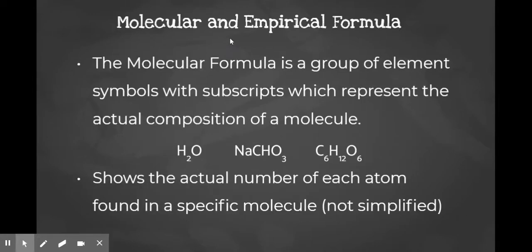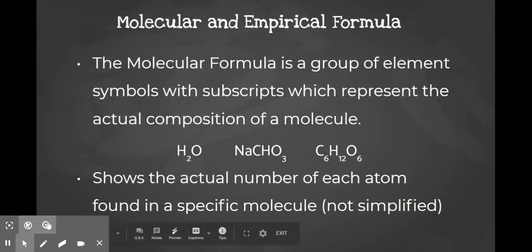So if we go back for just a second, like this one, subscript is 2, subscript is 1. There's no way to simplify that. So the molecular formula and the empirical formula equal each other. This one over here, we've got 6, 12, and 6. Each of those are divisible by 6, right? So we can reduce this.